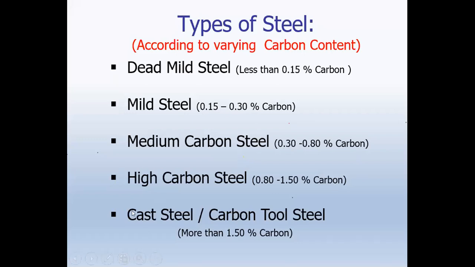Finally, we have the cast steel or carbon tool steel. This is the one that contains carbon content of which its quantity is greater than 1.5%. So there are 5 classifications of steel with respect to carbon content.